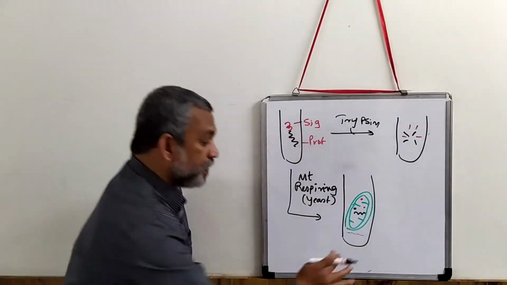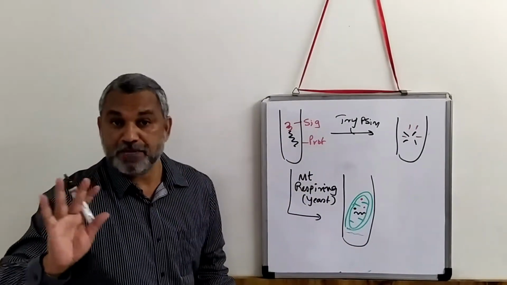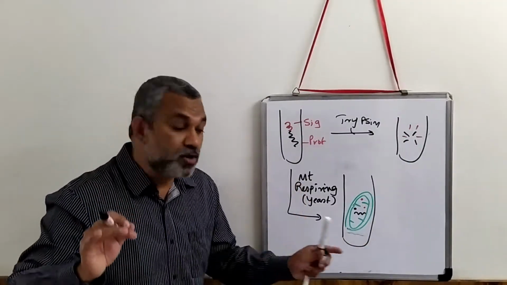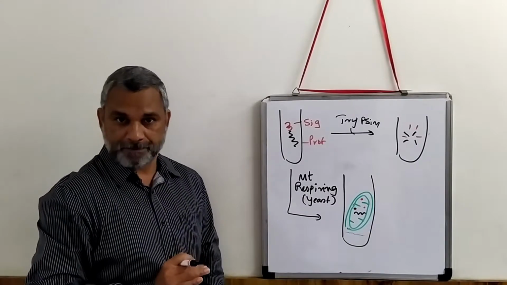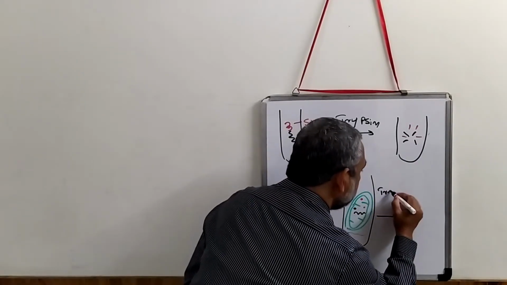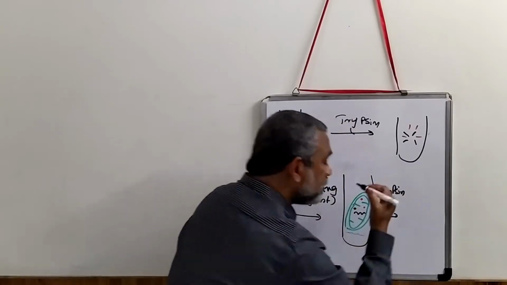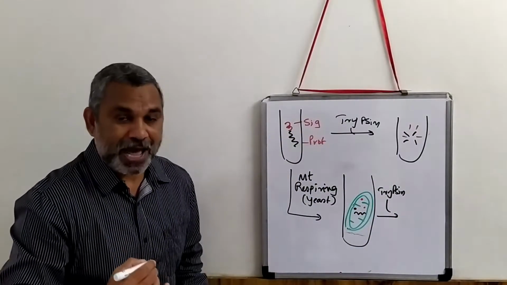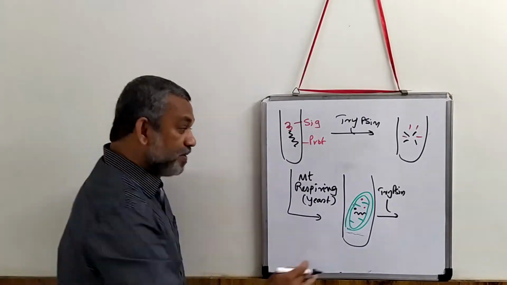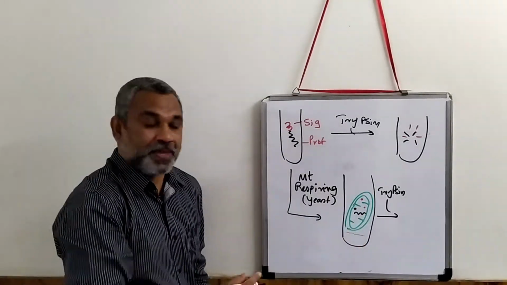So in the medium in the test tube there will not be any protein. You will not be able to determine protein from this, because the protein got incorporated into the mitochondria. Now what was done? Treat it with trypsin. When you treat it with trypsin, what should happen? Proteins must get degraded. But there is no protein in the medium.